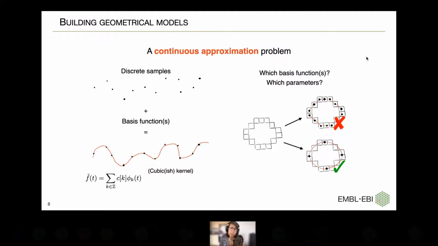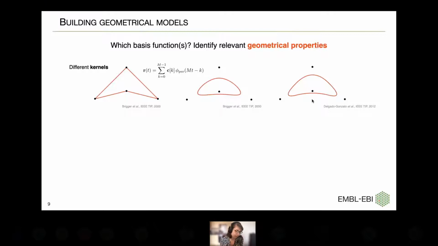So let's first have a look at the question of the basis function. Here I don't want to overwhelm you with too much information, but in a nutshell, what I want to convey is that this is kind of an open field of research. The question we are asking here really is what sort of geometrical properties do you want the object that you reconstruct to have?